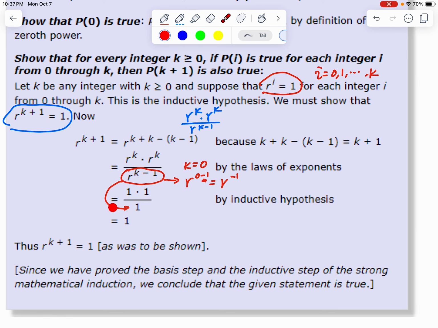So this proof assumes that r to the negative 1 is equal to 1. However, I do not see that being supposed. The supposition is for any i from 0, 1 to k, r to the i is equal to 1. Now, this is certainly not one of those numbers from 0 to k.